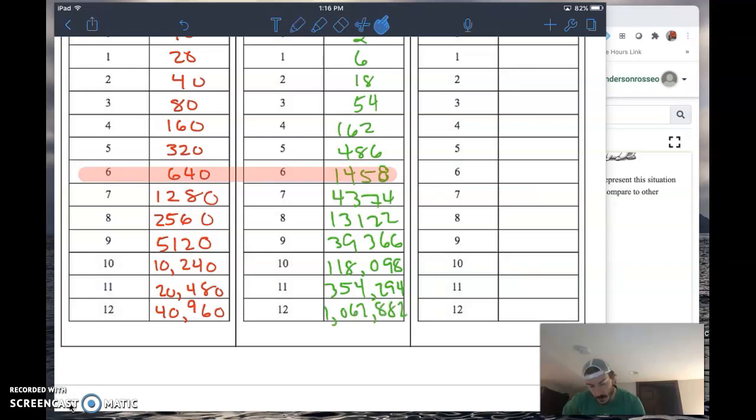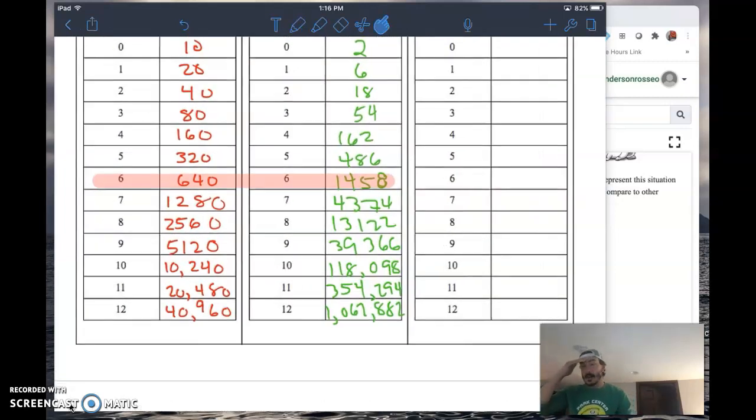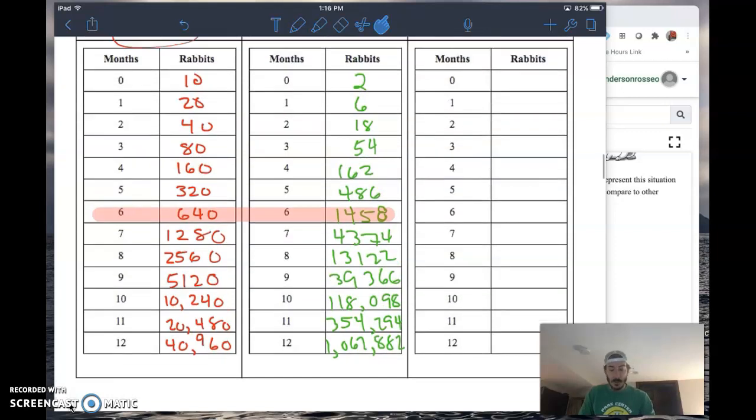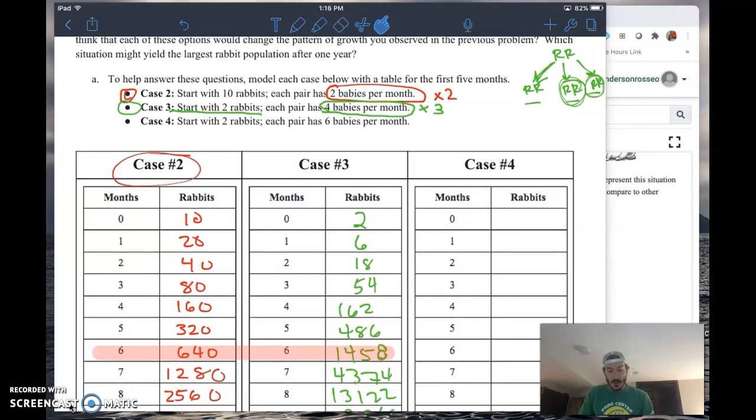So here we go. George and Lenny are in a position where they have over 1 million rabbits at the end of the year, and what are they going to have to do? Well, they might have to take into account some special considerations like, hey, are we able to care for this many rabbits?